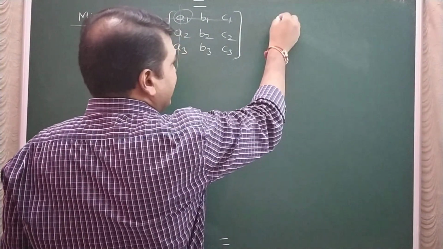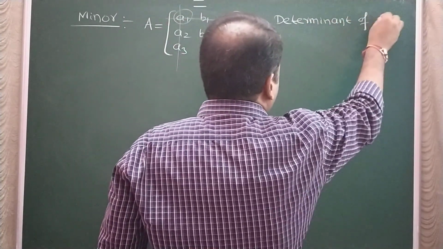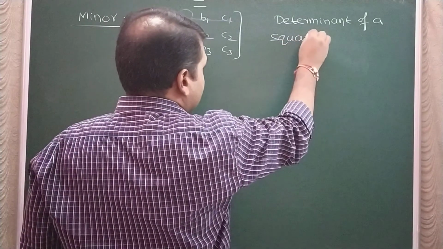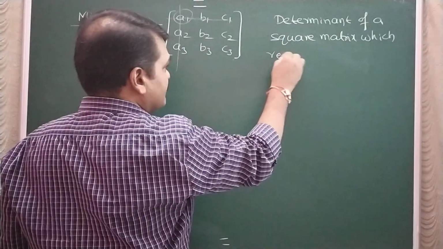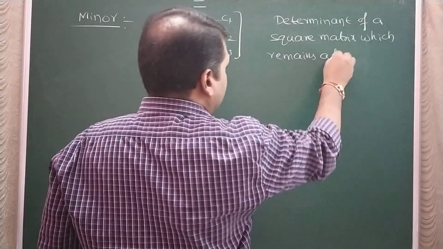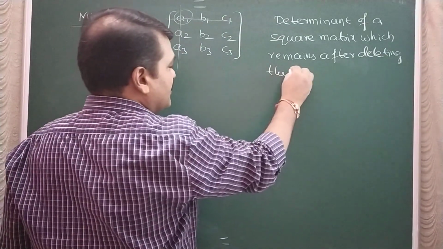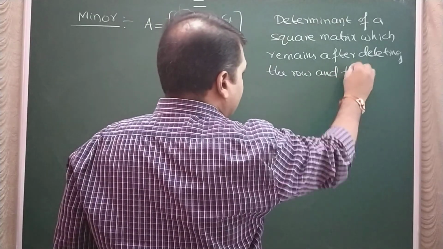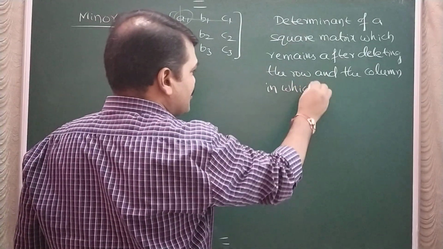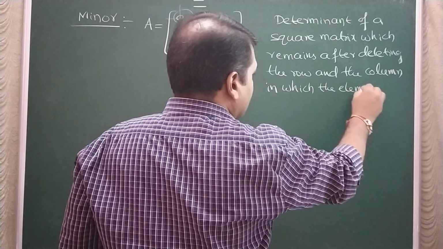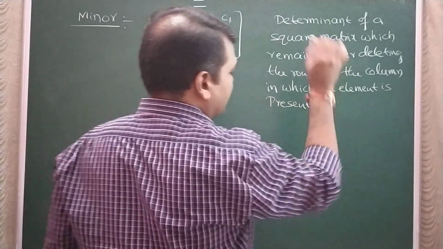What is minor? It is the determinant of a square matrix which remains after deleting the row and the column in which the element is present.